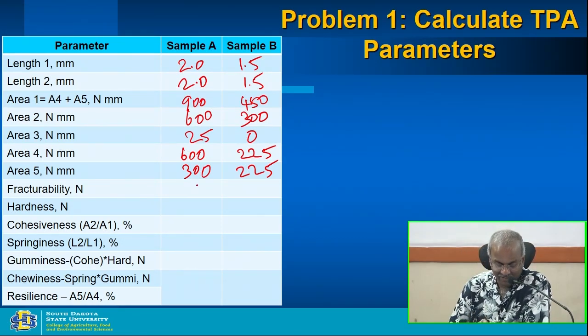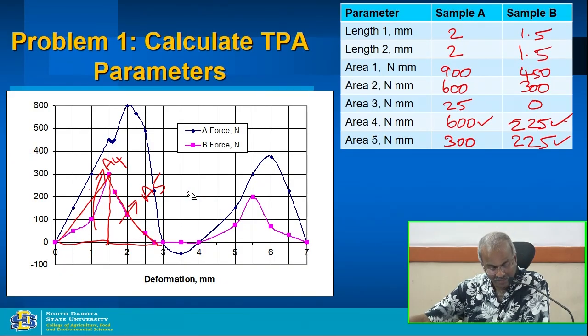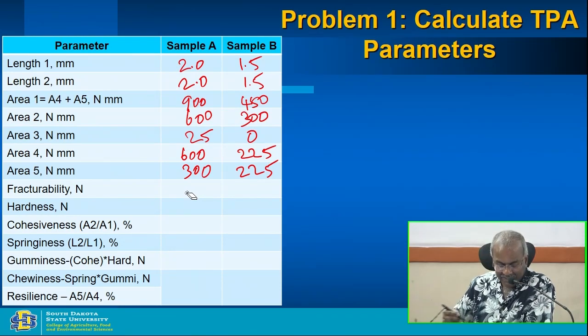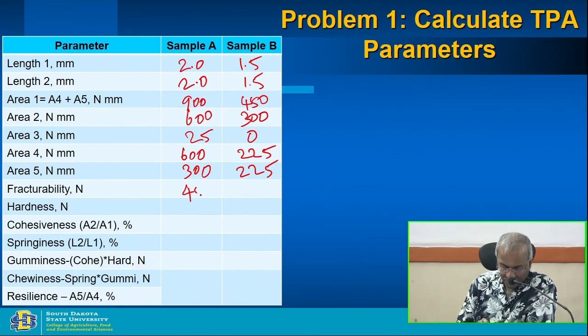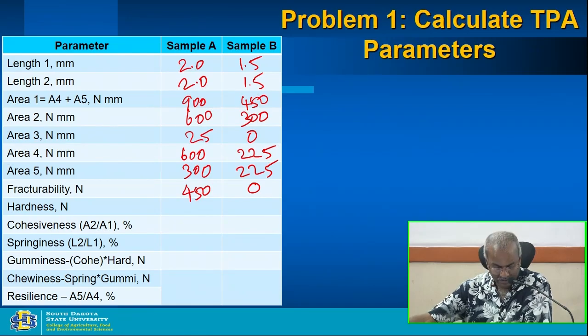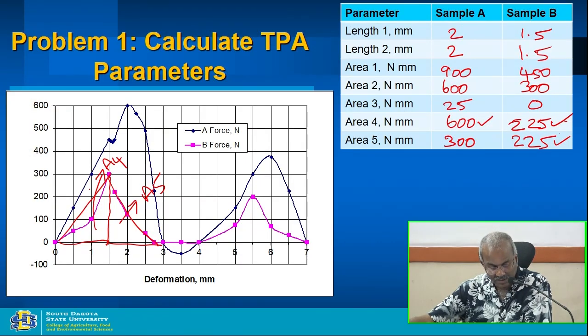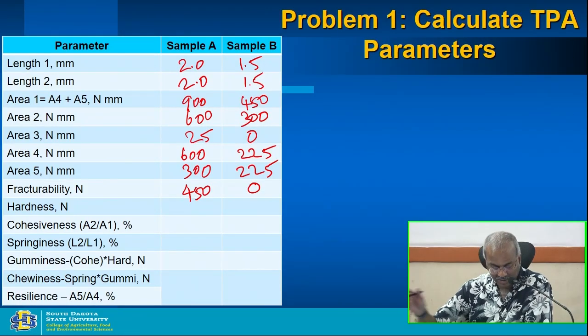We are getting there. Fracturability is, nope, I cannot say fracturability is 0. There should be some number. 450. This is 0. Hardness is 600 and 300.